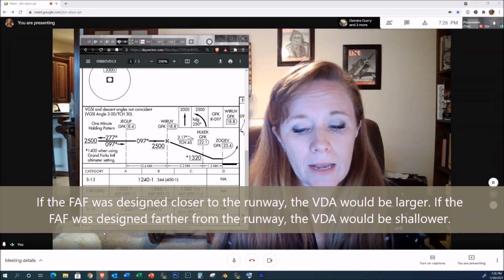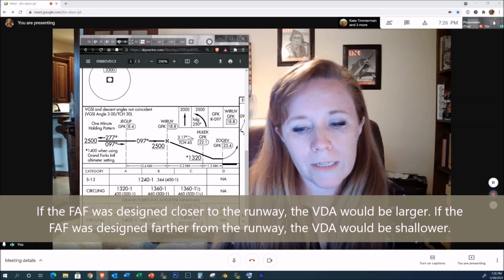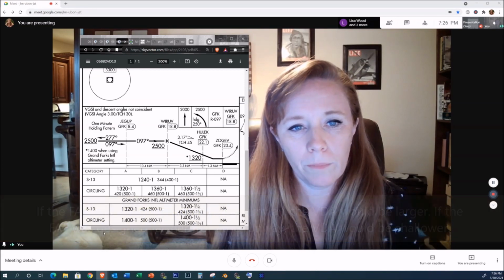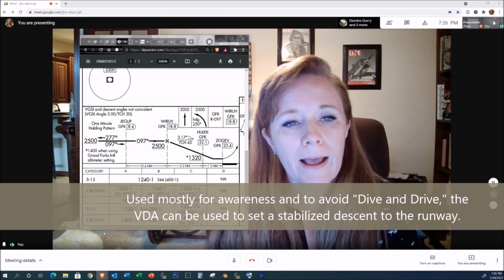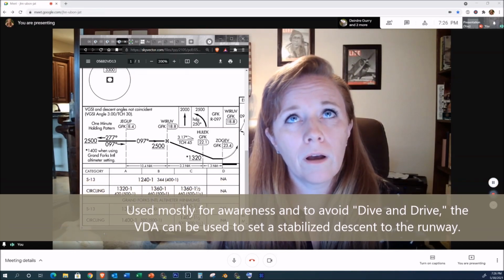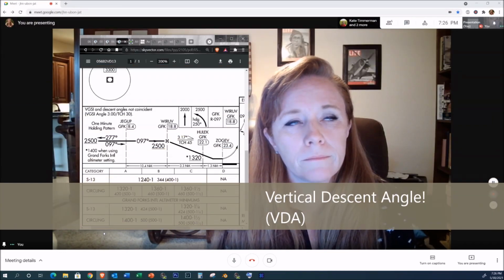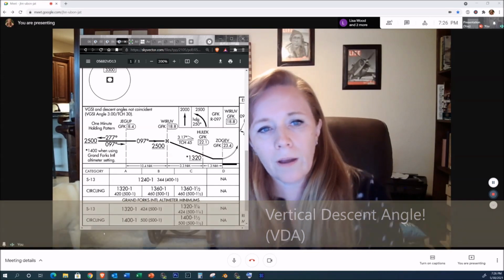And you know what TCH stands for? No. Threshold crossing height. So if you were on the perfect glide slope to that runway, they're calculating that visual angle, that angle right there, for a crossing height of 45.